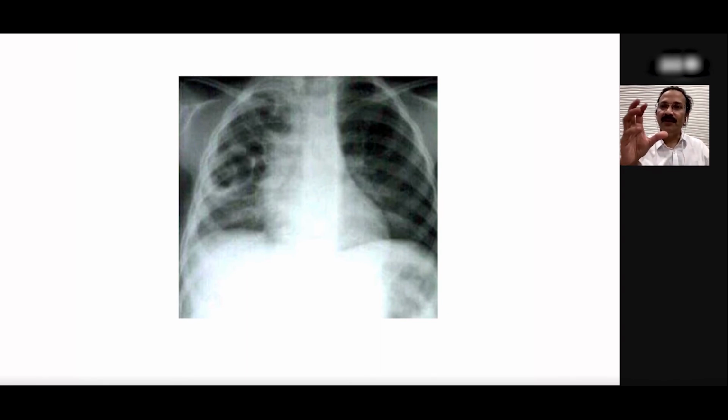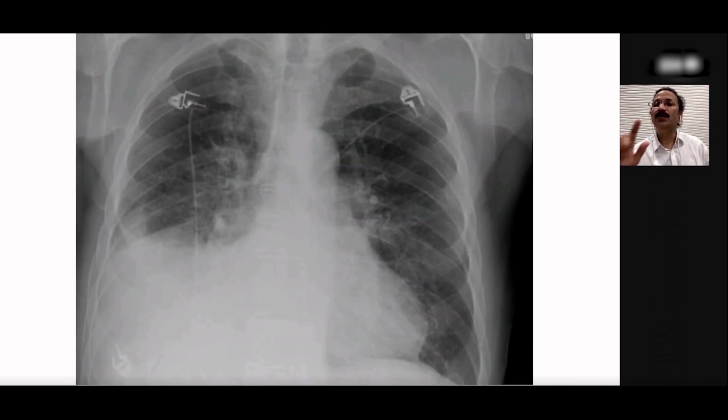So cavity formation is a complication of a pneumonia, the way ARDS is a complication of a pneumonia. All right. So this patient who has a cavitation has a pneumonia that is either untreated, wrongly treated, has resistant bacilli, poor host immunity, or some comorbidity. So one of them is leading the pneumonia to break down and form a cavity.